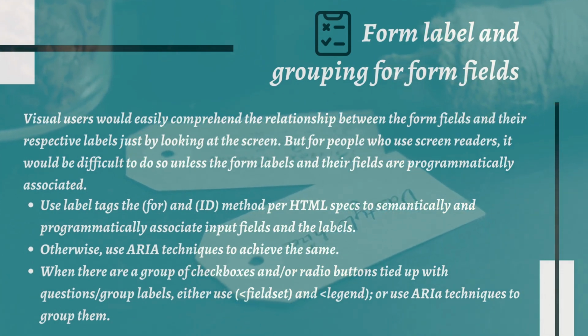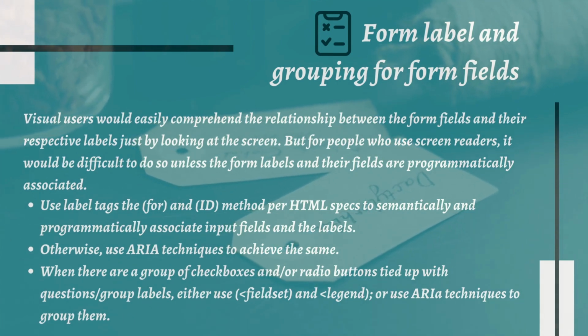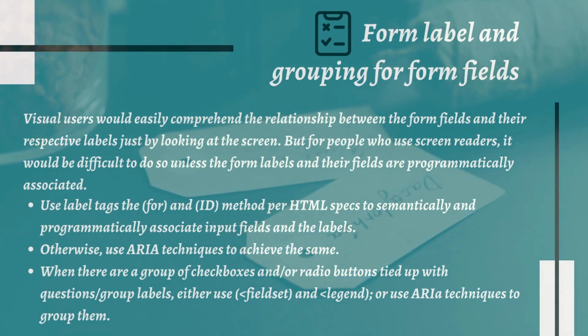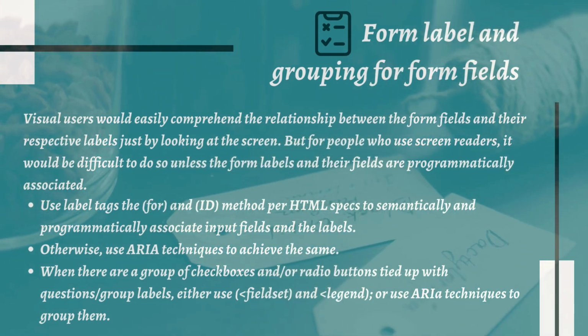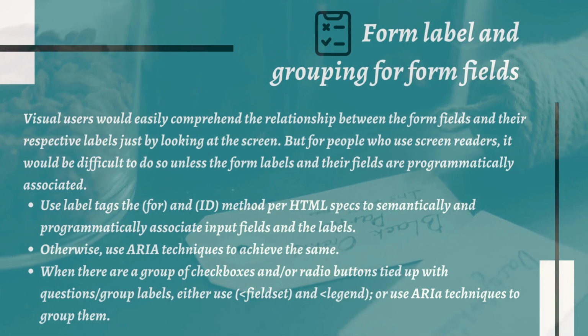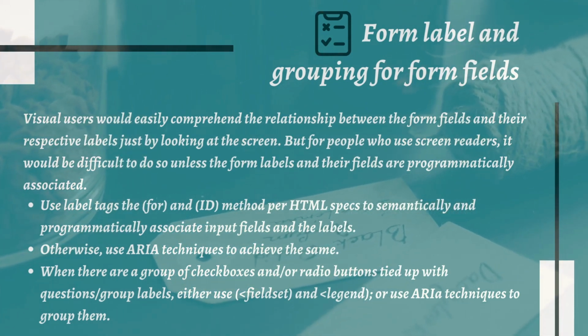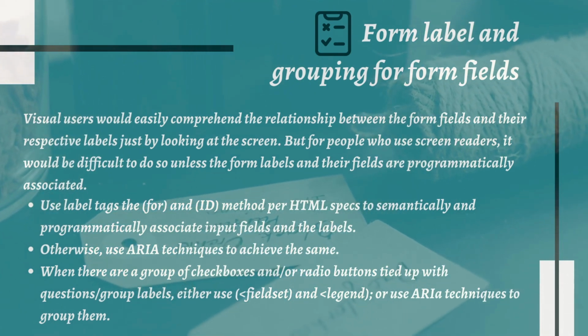One should use label tags, the for and id method of HTML specs, to semantically and programmatically associate input fields and the labels. Otherwise, use ARIA techniques to achieve the same. When there are a group of checkboxes or radio buttons tied up with questions and group labels, either use fieldset and legend or use ARIA techniques to group them.